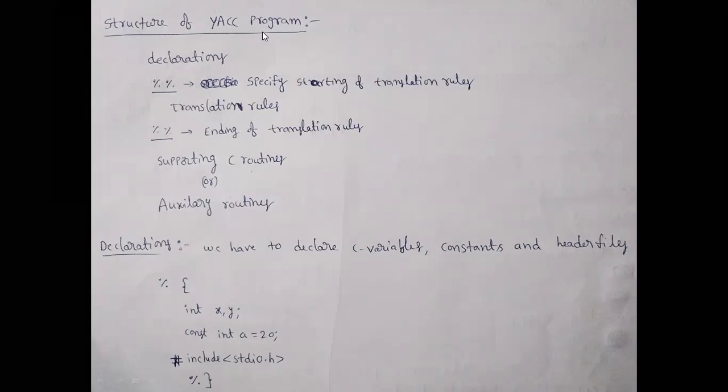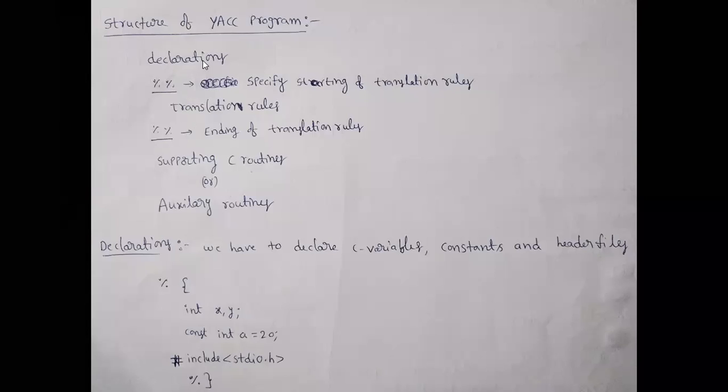In the same way, we are using them in the structure of the Lex program also. We have three specifications: the first one is the declaration section, the second is the translation rule section, and the third one is the auxiliary procedure section. So these are the three types in the structure of the Lex program as well as the structure of the YACC program.